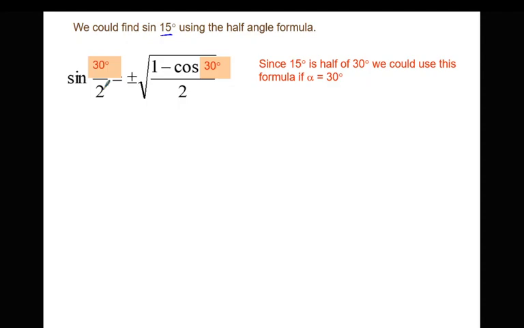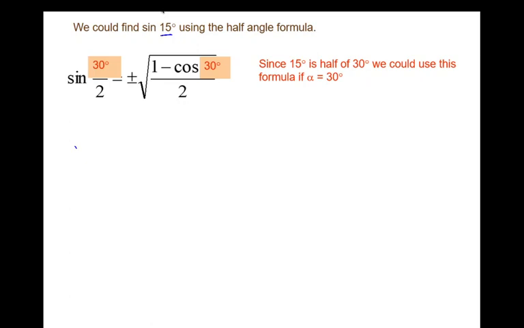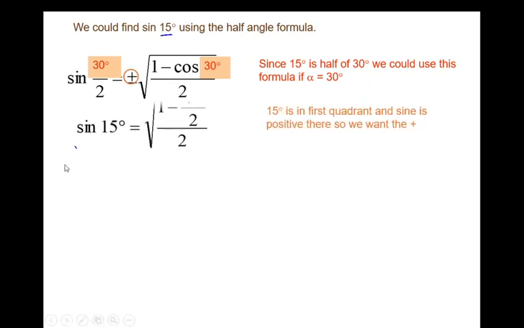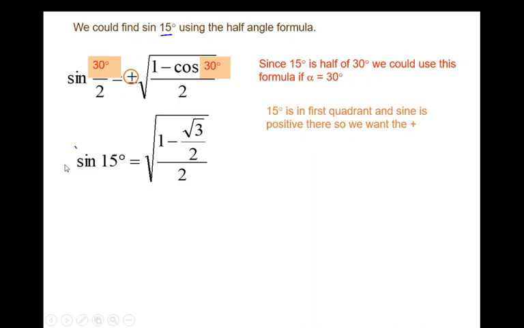What this allows us to do is find the 15 degree value from the unit circle without actually having to use a calculator. We can use a unit circle value that we know, because we should know that the cosine of 30 degrees is the square root of 3 over 2. And then it's just reducing. Since we're in the first quadrant, it's going to be positive. So 30 divided by 2 is 15.